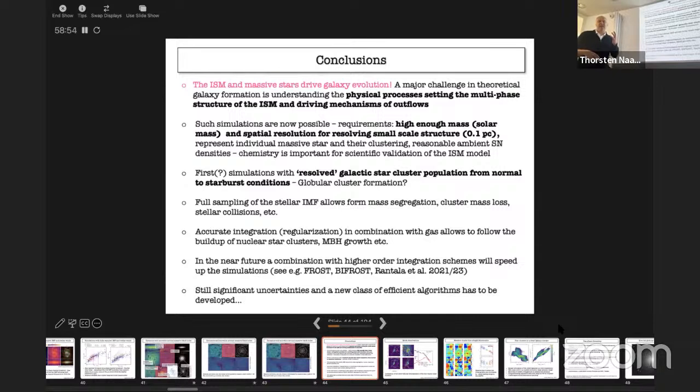Now, of course, we would have to show that this happens in a cosmological context. This is what we're trying now with cosmological zoom simulations, which is a nightmare. Okay, but what we cannot reproduce at the moment is the anomalous. So the globular clusters, I mean, maybe most of you know, globular clusters have relatively homogeneous iron distribution, but they have anomalous distribution of elements which are generated in the CNO cycle burning phase.